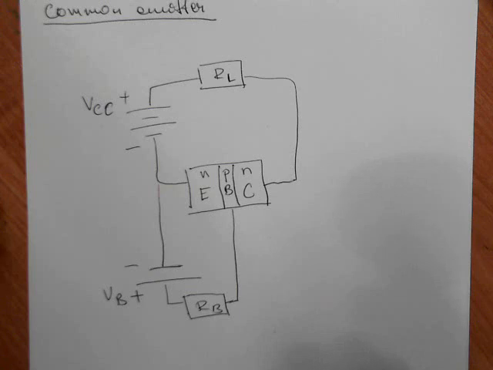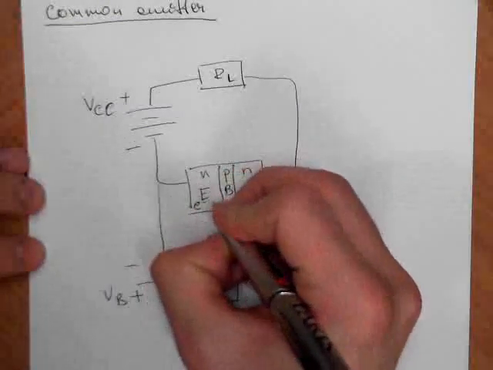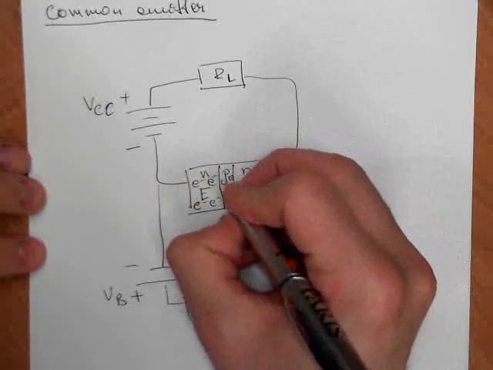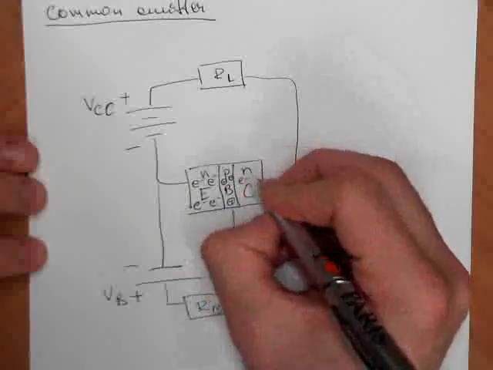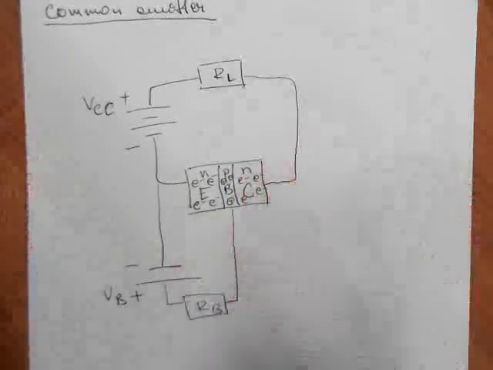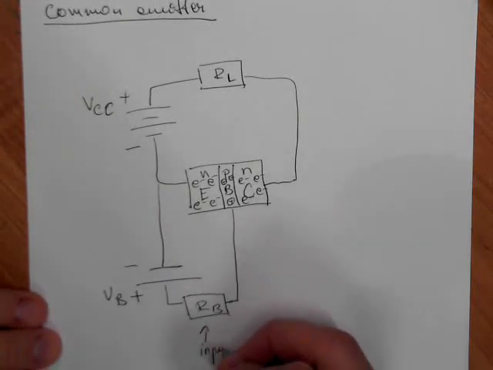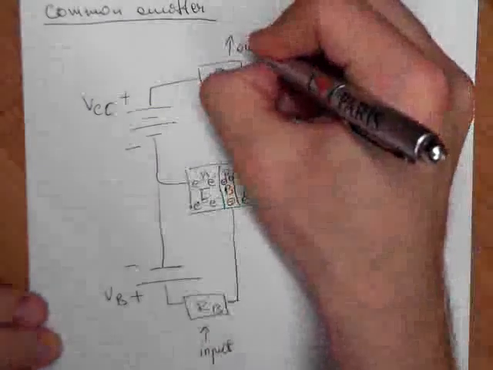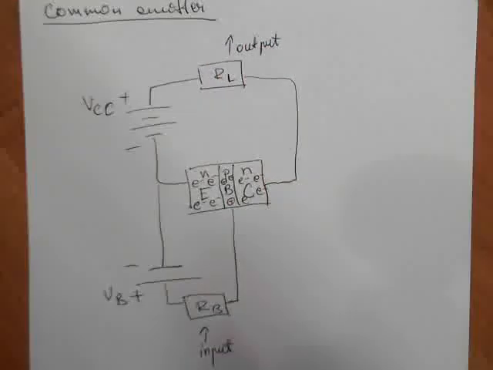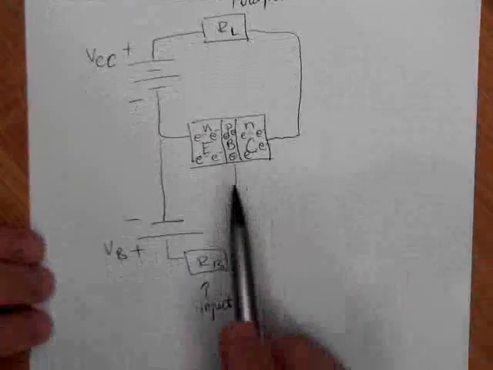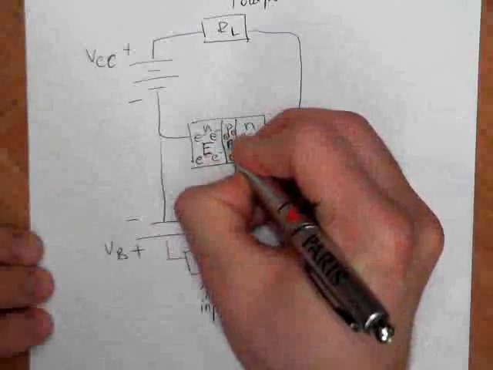Now what? This has a lot of electrons again. This has holes. This has electrons also. So input signal is given here. Output signal is measured here. Again, the emitter base junction is forward biased.